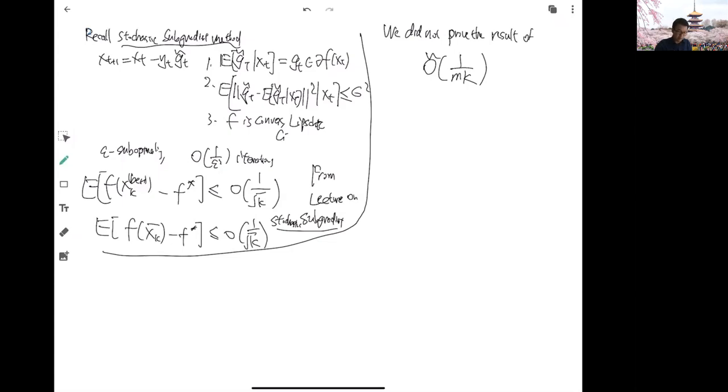And translating into the epsilon notation, this means that for strongly convex problems, we can get on the order of 1 over m epsilon iterations.